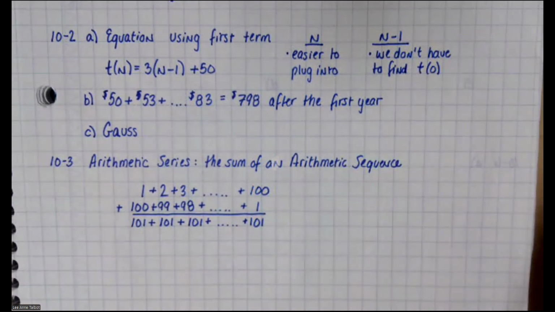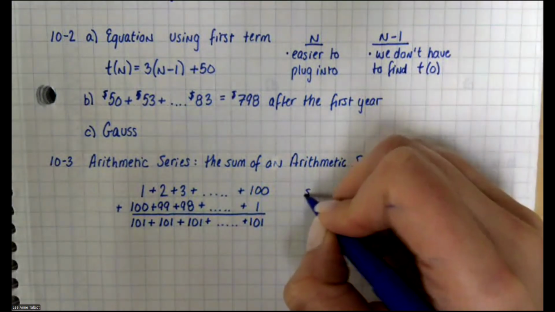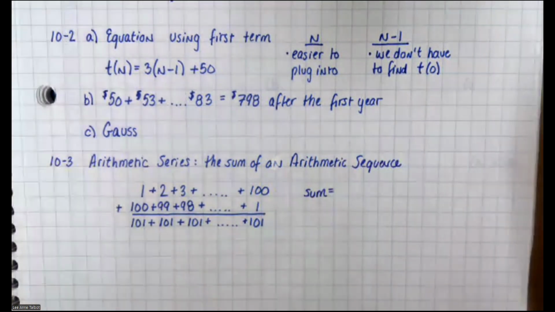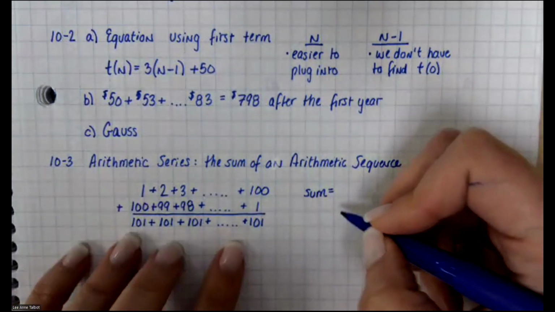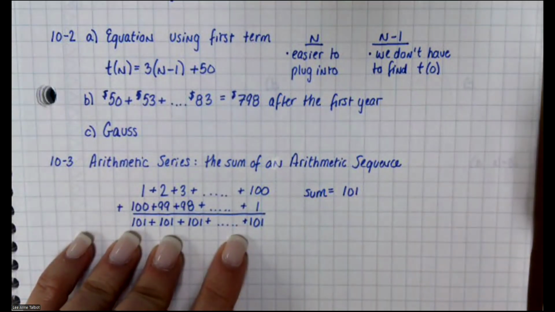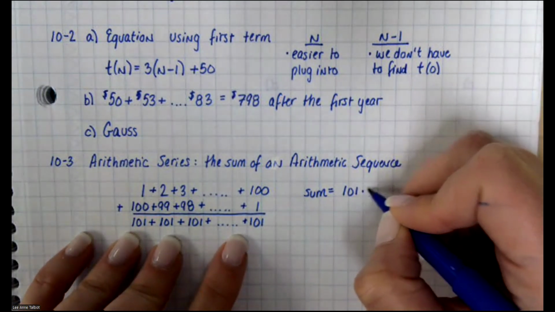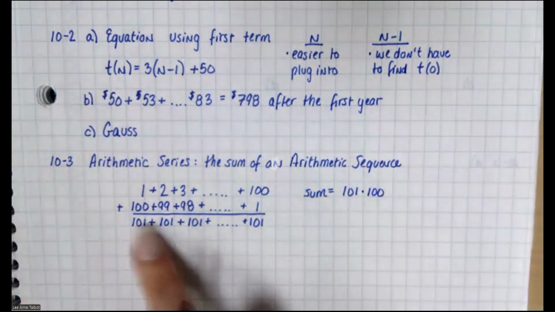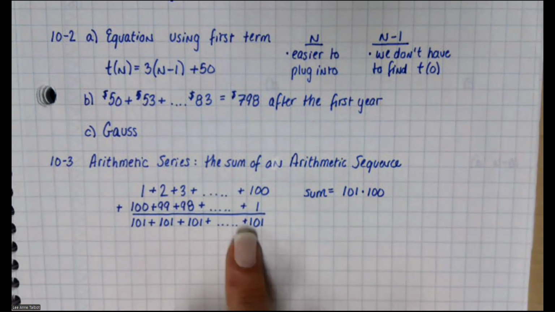Okay, so Gauss said, all right, if I want to find the sum of the numbers 1 through 100, I just say, okay, I have 101 times 100 because there's 100 columns. Can you guys all see that there would be 100 columns if I wasn't too lazy to write them out?